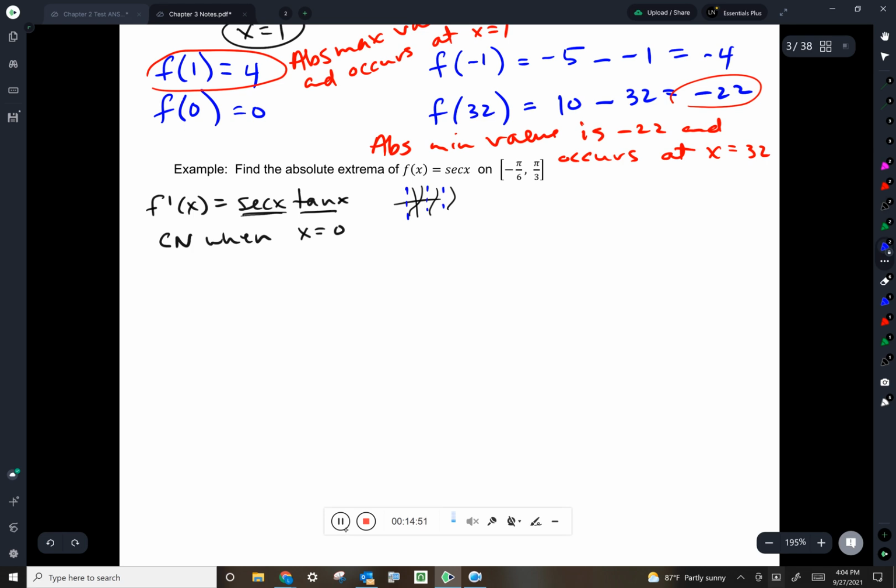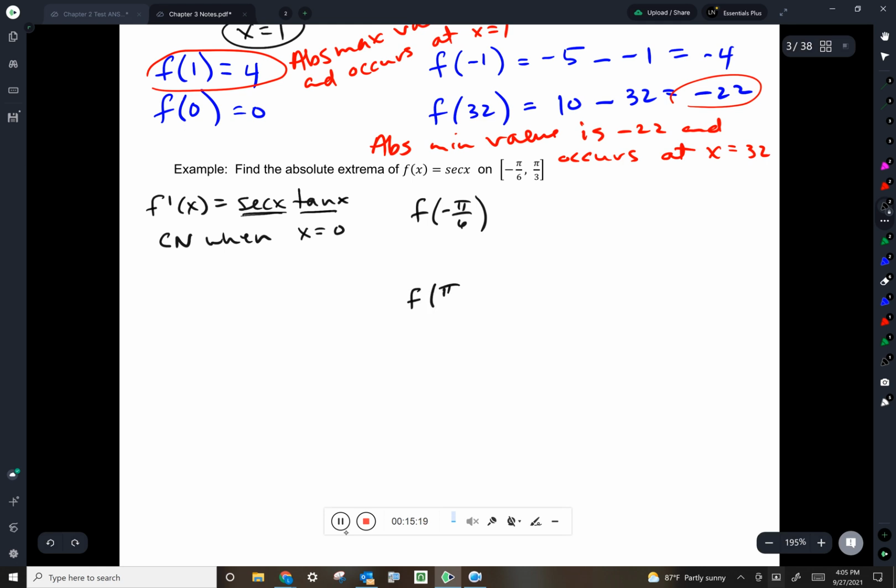Same thing for the secant. So tangent and secant are both undefined at pi/2, but that's not in my interval. So since neither pi over 2 or negative pi over 2 are in the interval, I don't have to worry about those critical numbers.